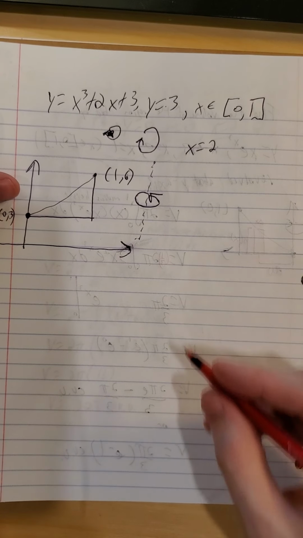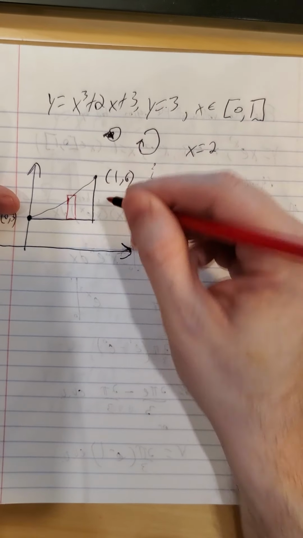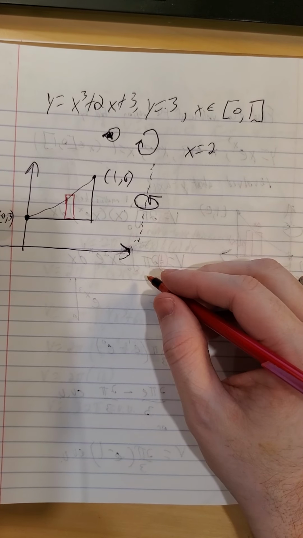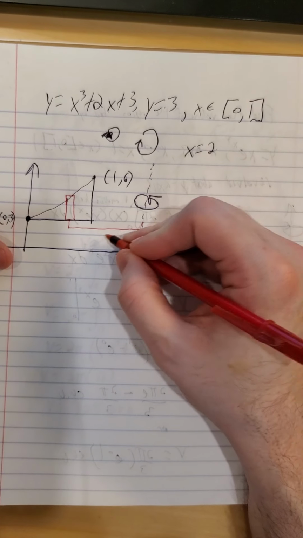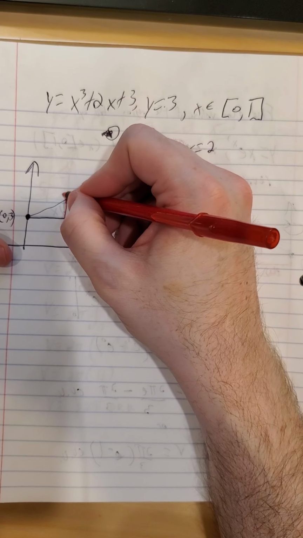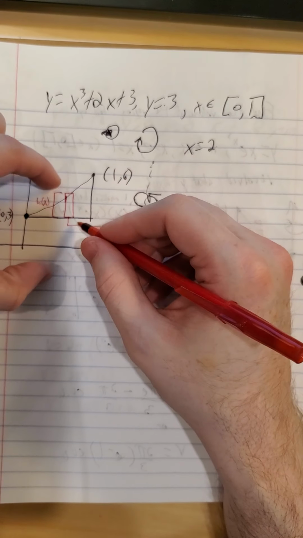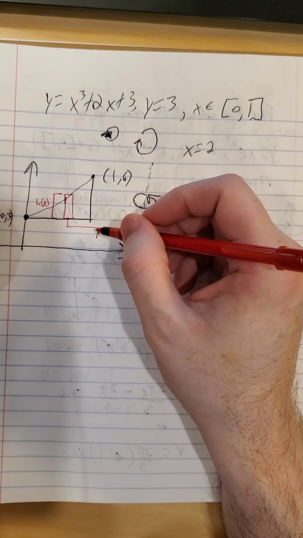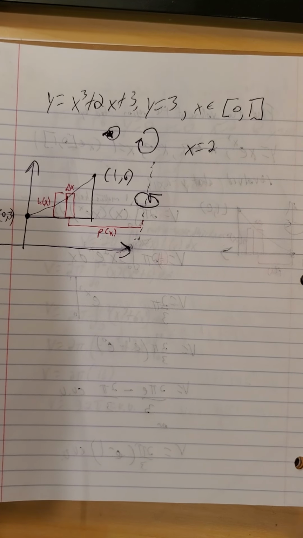So again, let me start with my representative rectangle here. And we have a couple of adjustments to make because we are cut off this way and coming at it from a different way. But if we stick with labeling things the way we have been, here's our p of x. Here down only to here is h of x, in other words, not all the way down to the axis, just where we were told to stop. And our width still is delta x.